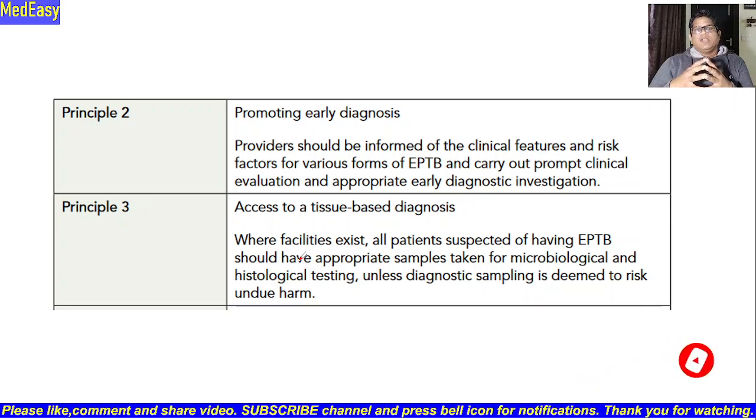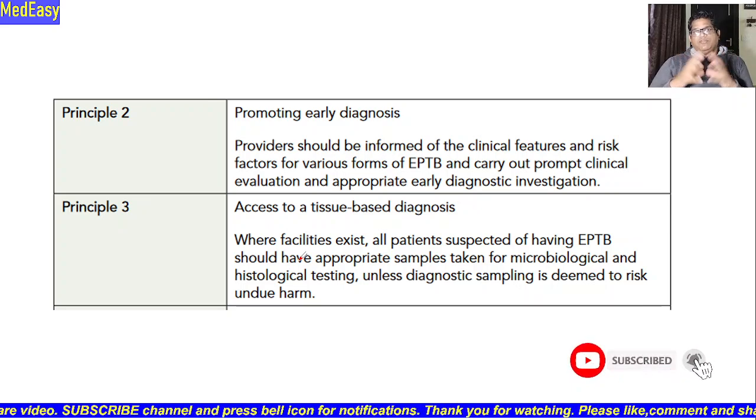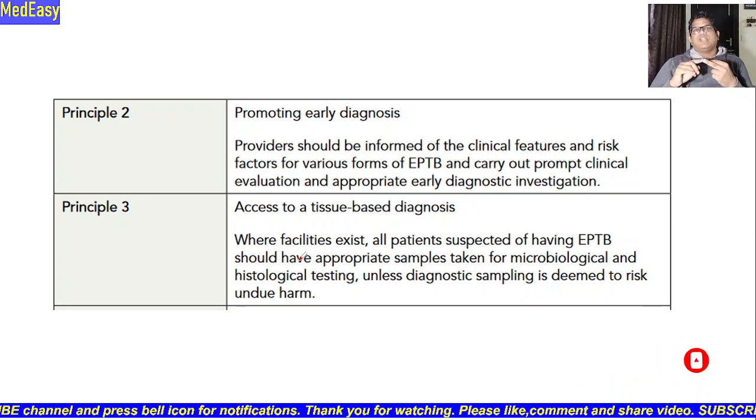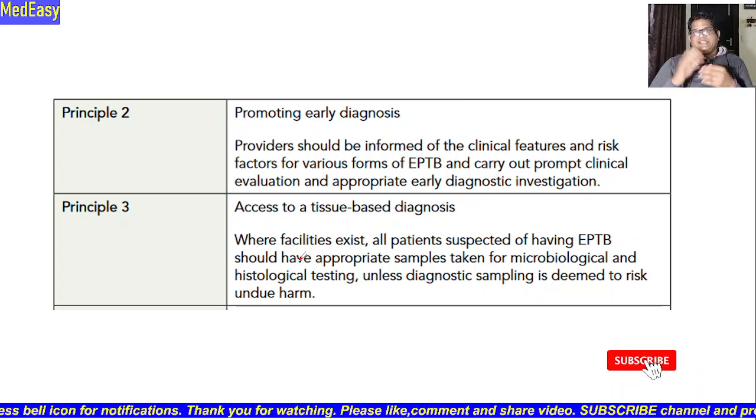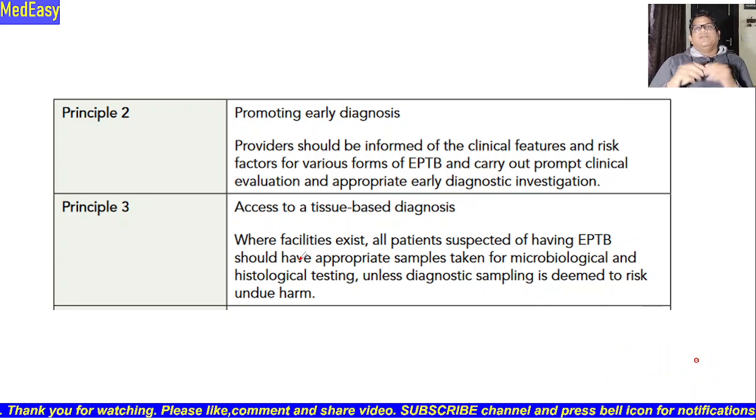Principle number three is that we should ensure a tissue-based diagnosis. What does it mean? When you diagnose a case of tuberculosis, one is your clinical diagnosis, second is your microbiological diagnosis, and third is your tissue diagnosis in the form of FNAC or histopathology. We know that we can see the granuloma on histopathology or FNAC.